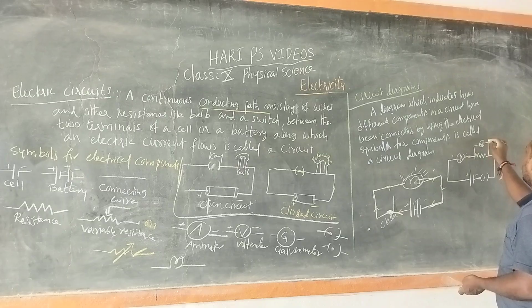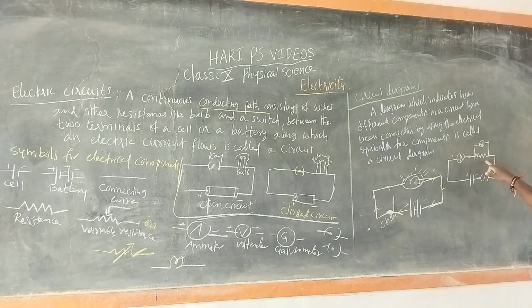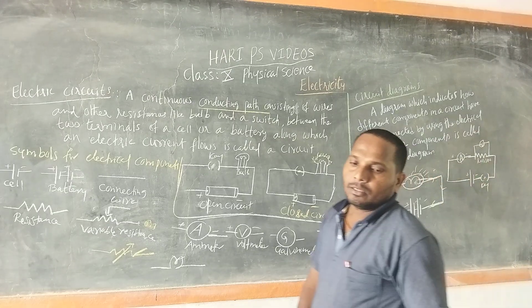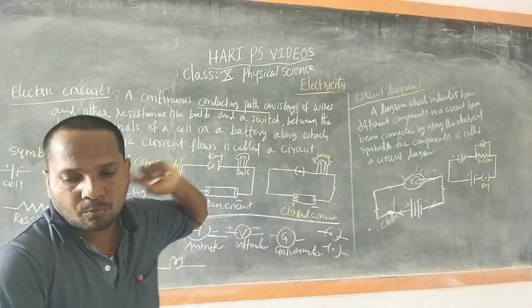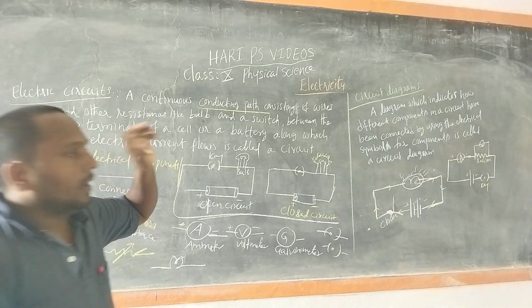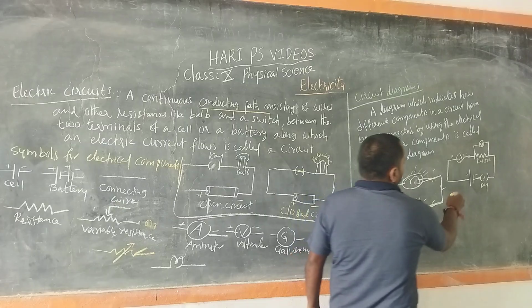Here the ammeter is connected, the voltmeter is connected, and this is a resistor or any material which is called a resistor. Here it is resistance, V is the voltmeter, then ammeter, battery or cell, and this is the key. So this is also one of the electric circuit diagrams.